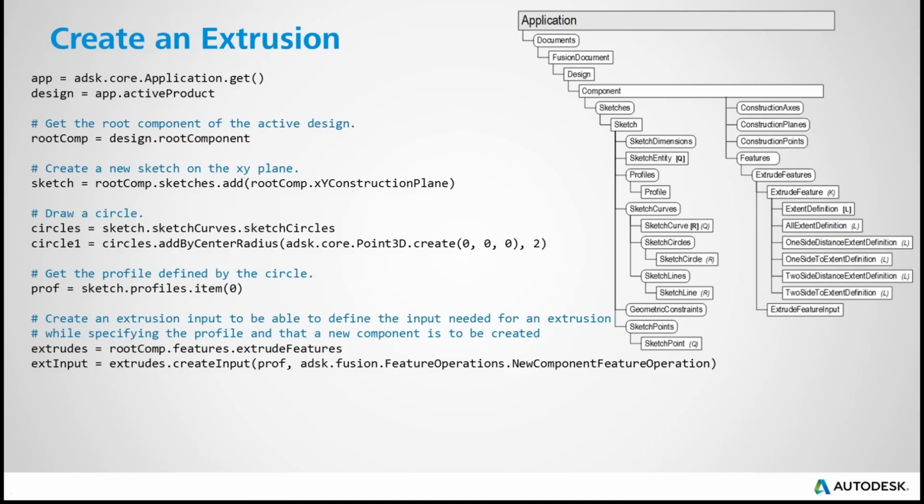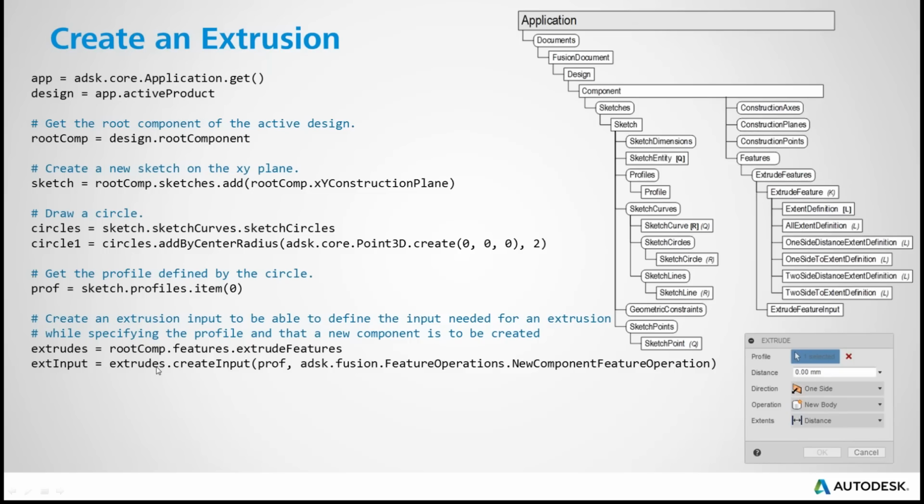But nothing's happened inside Fusion. You can think of these, when you create an input, it's kind of like the API equivalent of a dialog. When you run the extrude command, it's leading you through all of the input that's required to create an extrude. And that's the same thing this input is: it's just gathering up all of the stuff that it needs to be able to create an extrusion.